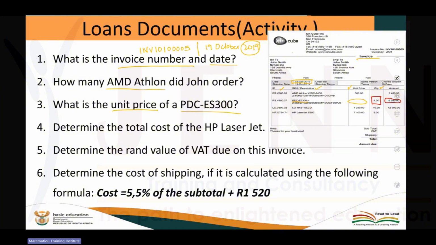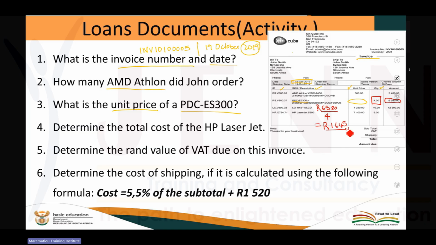Take that 6,580. Don't stress yourself. Divide it by 4. It will tell you how much. Now, press your calculator also. Don't sleep. 1,645. You are right. Remember, this is money. The unit is very important.